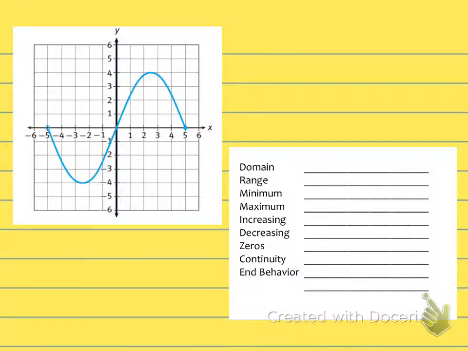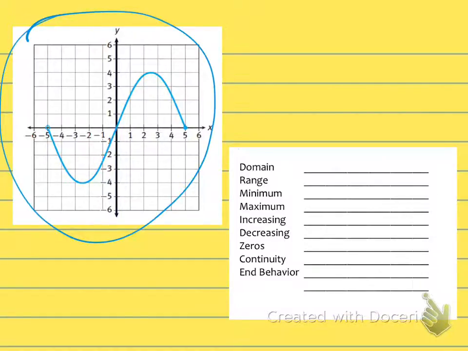For this function that's exhibited right here for you, I want you to pause the video and try to answer the questions on the right-hand side, the graphical characteristics. Then when you're ready, start the video again and check to see if you've got the right answers. I am going to go ahead and put the right answers in, but I want you to try before you do this.